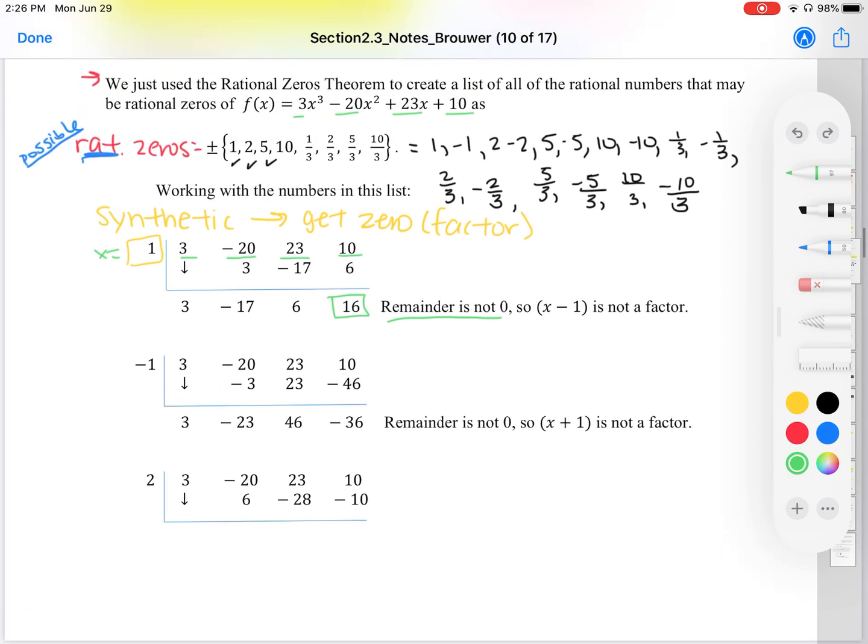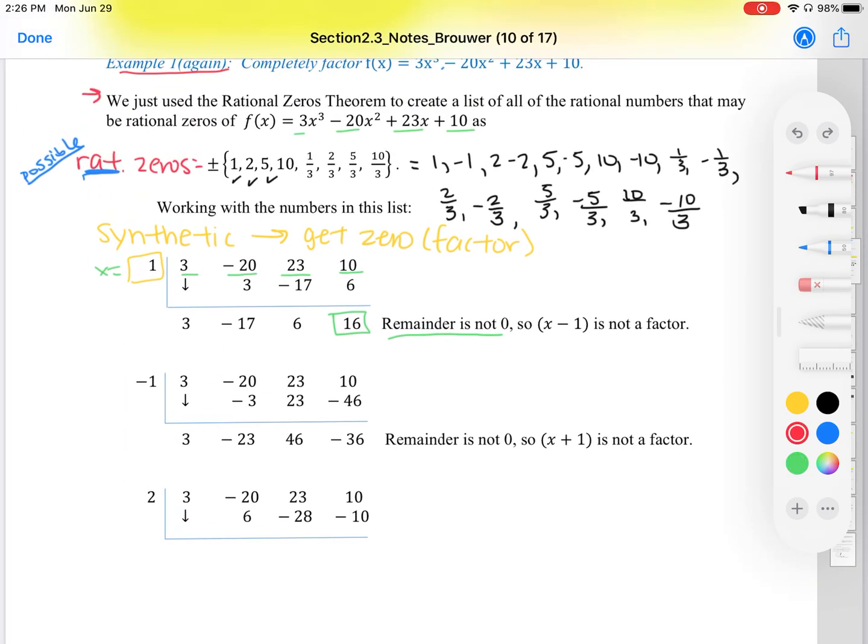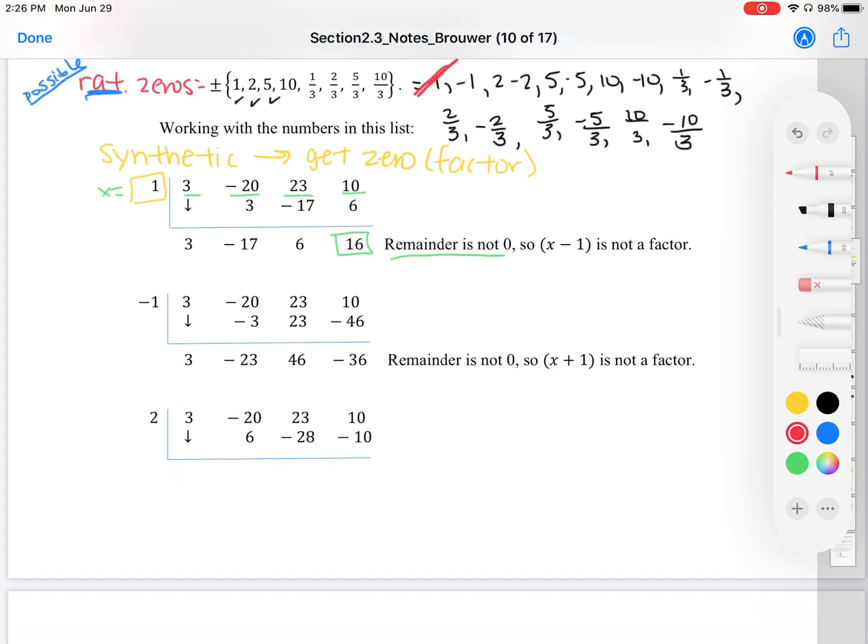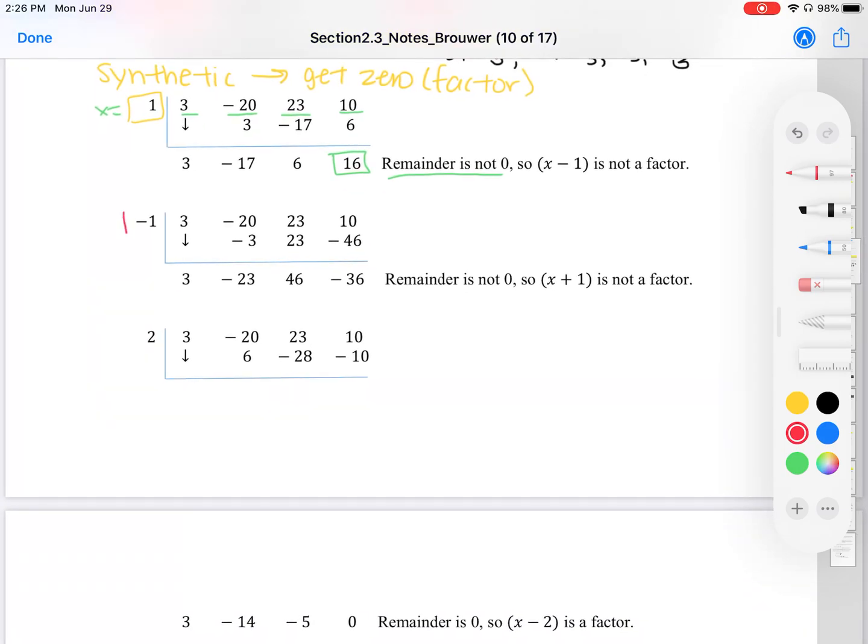Moving forward. So for my list, I tested 1. That one didn't work. Let's move forward and try negative 1. All right, let's perform synthetic division with negative 1. I still use my same numbers. I take 3, bring it down, and then your rule is to multiply and add until you're done. My last number is not 0.